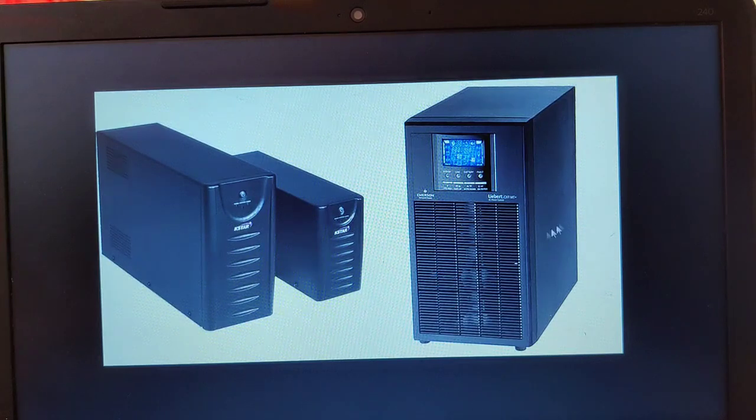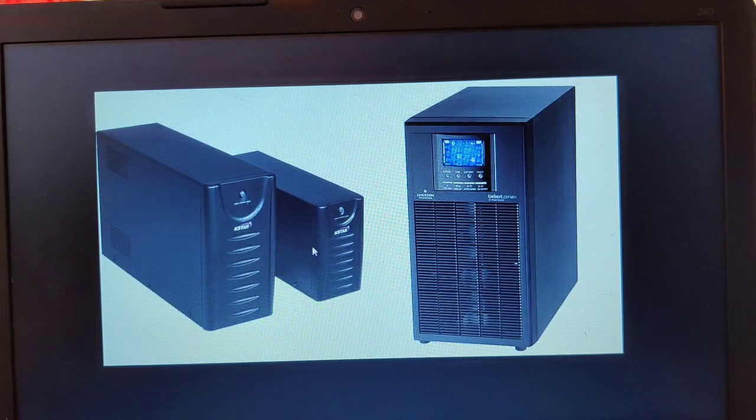In the case of online UPS, what happens? No matter whether the power supply is there or not, it will provide the power supply to your computer system through the online UPS only. Even if the current is there, you will be getting the power supply to your computer system from the online UPS.